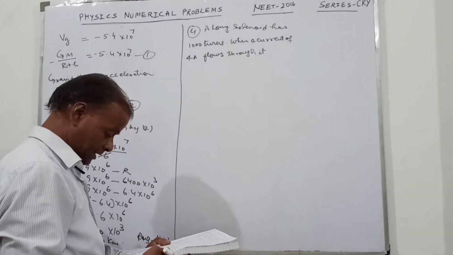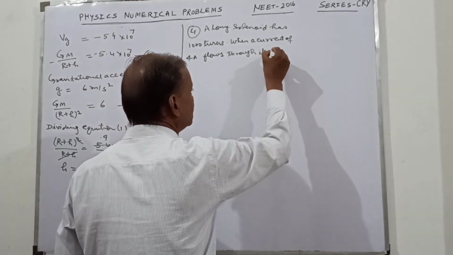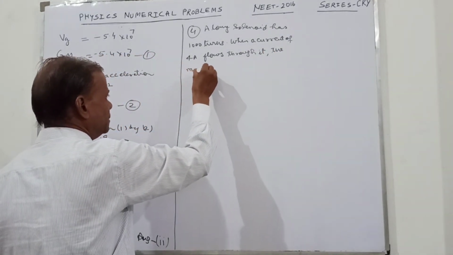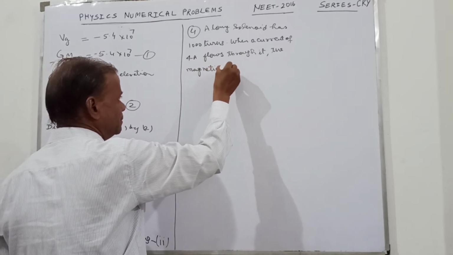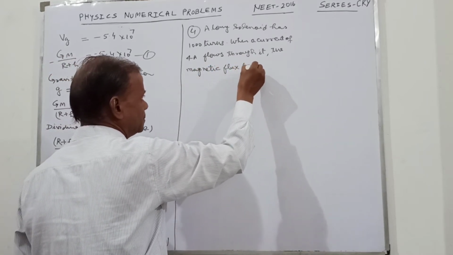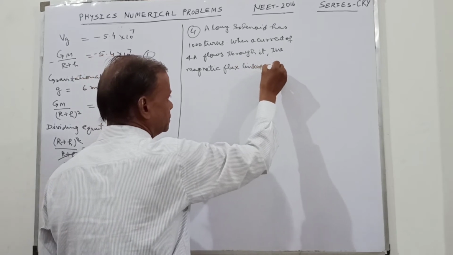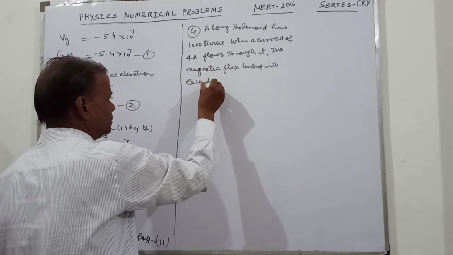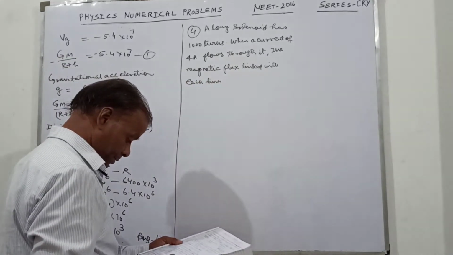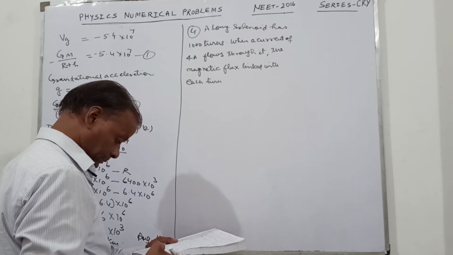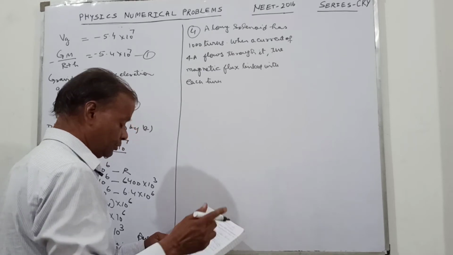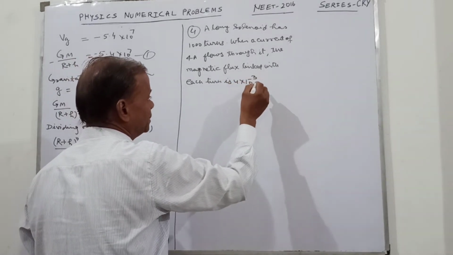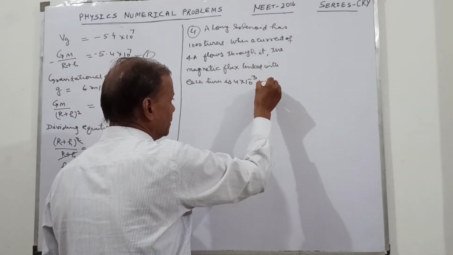the magnetic flux linked with each turn is 4 into 10 raised to the power minus 3 Weber.